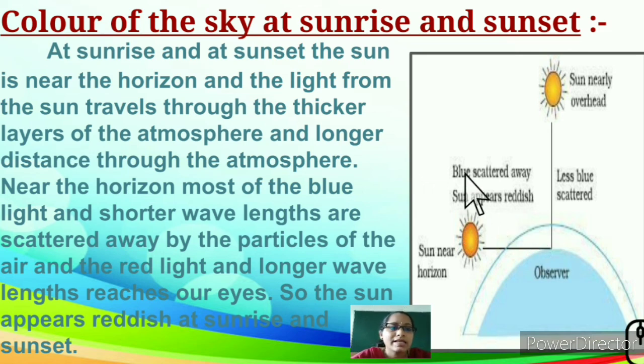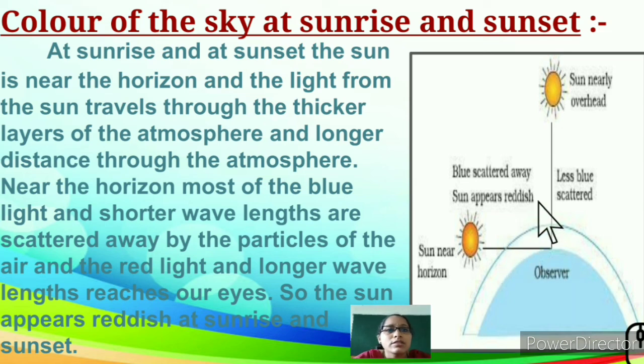Blue gets scattered by the particles and does not appear, and hence the longer wavelength, that is reddish in color, the red wavelength, appears. That's why the sky is red almost at sunrise and sunset.